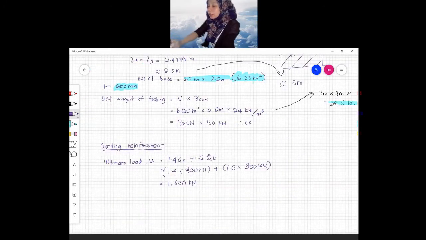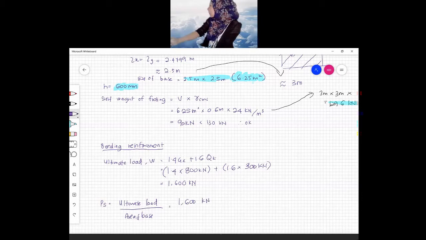Kita akan kira ultimate earth pressure, which is PS. So PS is equal to ultimate design load, you dividekan dengan area of base. Okay. So ultimate load, we have this 1600 kilonewton and area of base is 6.25 meter square.